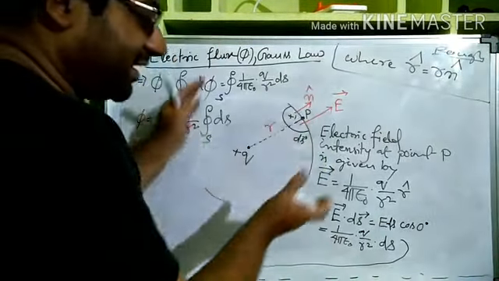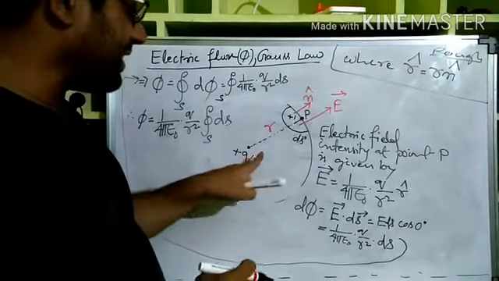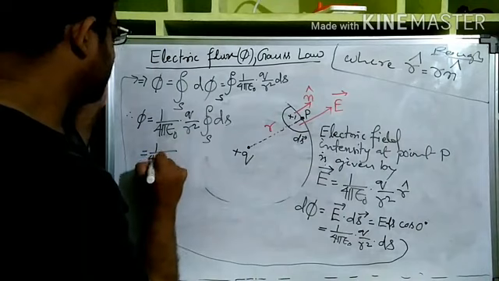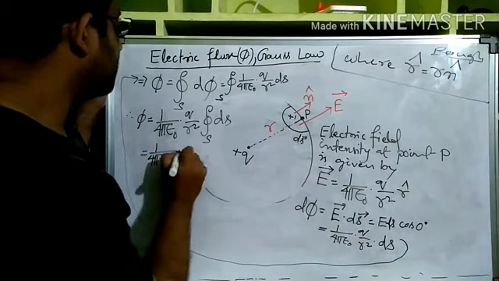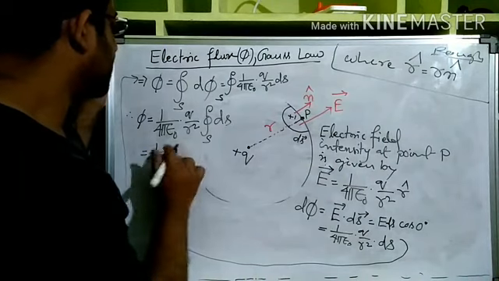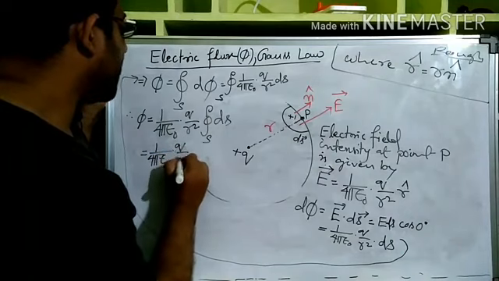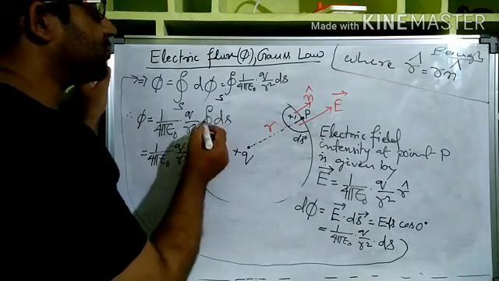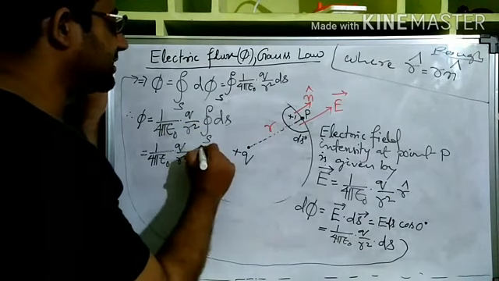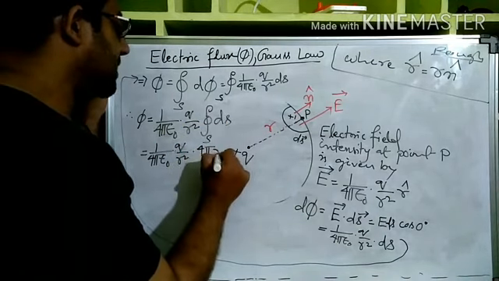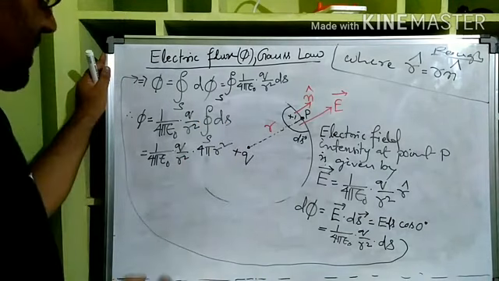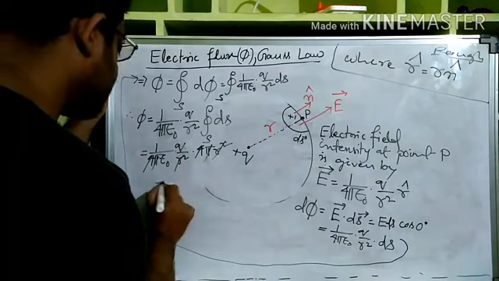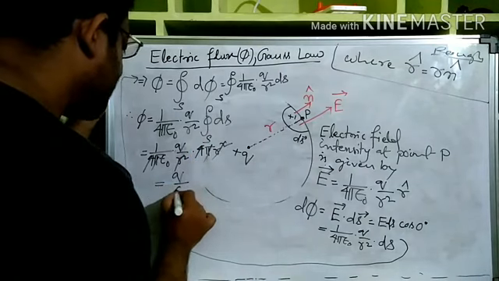Don't you think that the area of the entire sphere is 4 pi r square? So this is equal to 1 by 4 pi epsilon naught q by r square multiplied by the closed surface integral of ds, which is nothing but 4 pi r square. Yes or no? Now 4 pi got cancelled, r square got cancelled. So this is equal to q by epsilon naught.